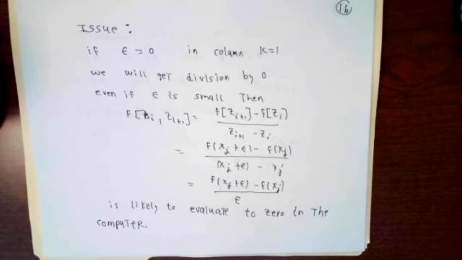Now, mathematically speaking, if epsilon is small but not 0, there is absolutely no problem with this. Of course, I wouldn't actually want to put that expression in my computer because of the subtract two nearly equal numbers problem. If epsilon is small enough, the top of the fraction will evaluate to 0 even when it shouldn't.